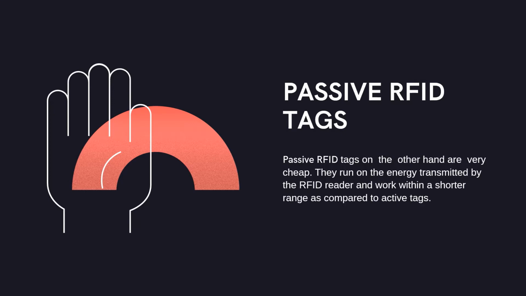They run on energy transmitted by the RFID reader and work within a shorter range as compared to active RFID tags. Passive RFID tags are used for applications such as access control, file tracking, race timing, supply chain management, smart labels, and much more. The lower price point per tag makes employing RFID tag systems economical for many industries.